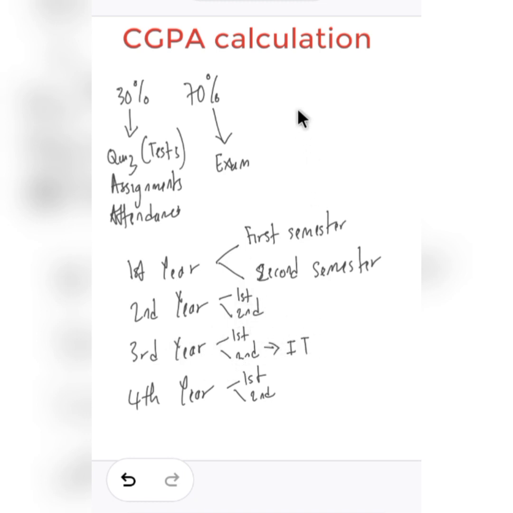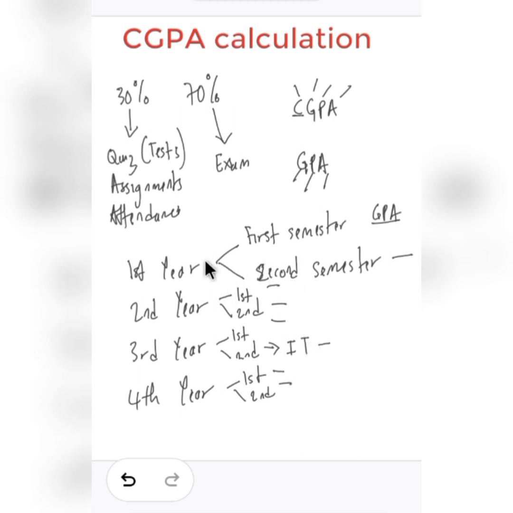Yes. So now, when you talk about CGPA, this stands for cumulative grade point average. Before you have a cumulative, you must have something called GPA. GPA stands for grade point average. Now for each of these semesters, your result is given in terms of your grade point average. So you're going to have a grade point average for first semester, second semester, even your IT, first and second.